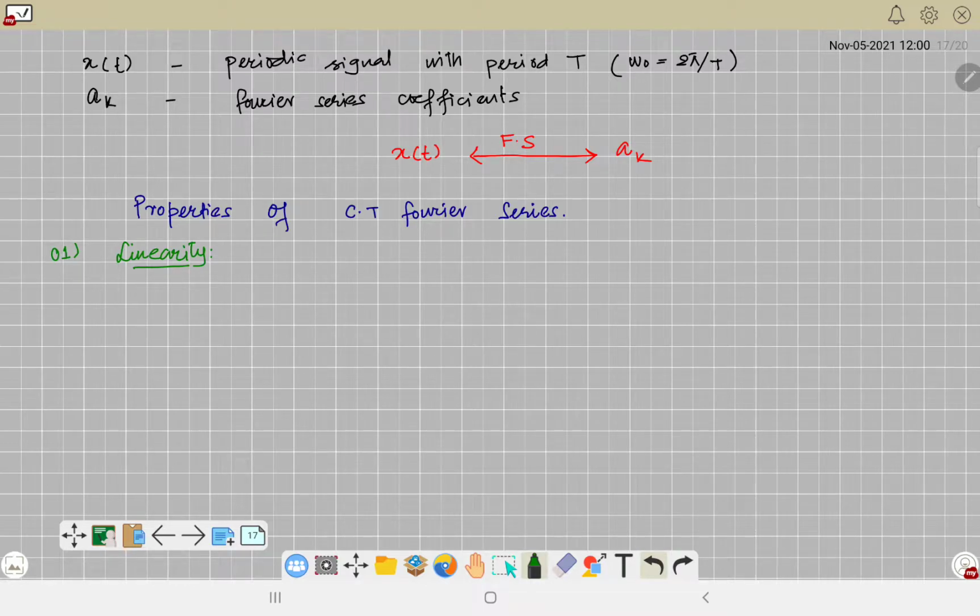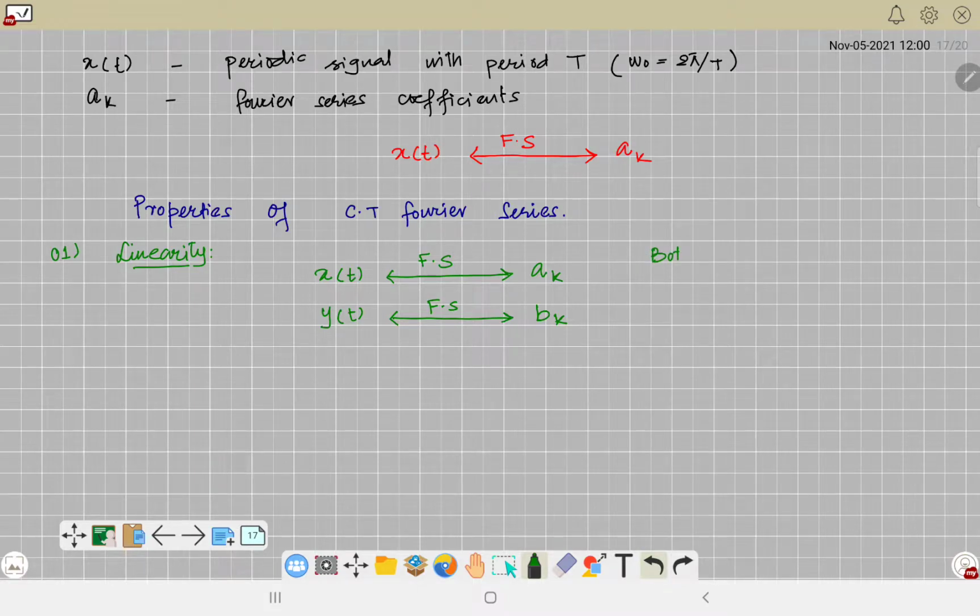Linearity states that if I have two signals, x of t, which is related to the coefficient a of k through the Fourier series like this, then we have another signal y of t, which is related to Fourier series through the coefficient b of k. But both x of t and y of t are periodic signals.